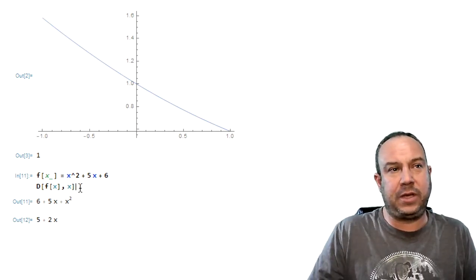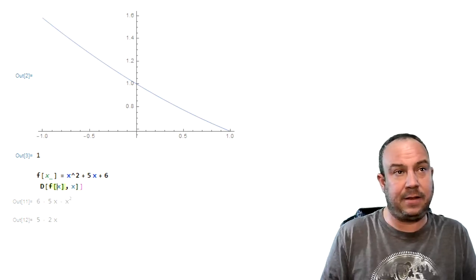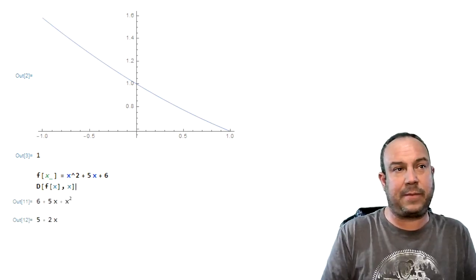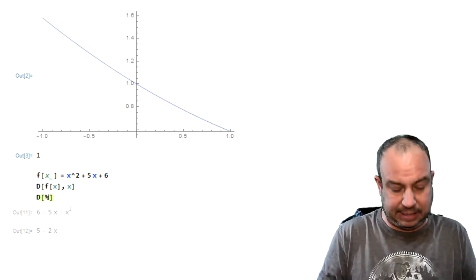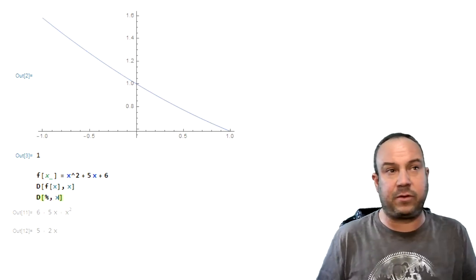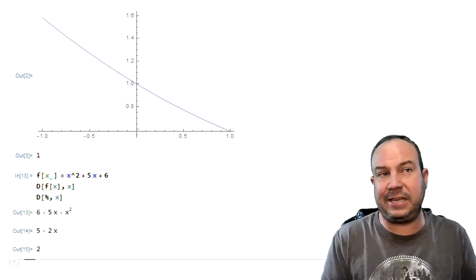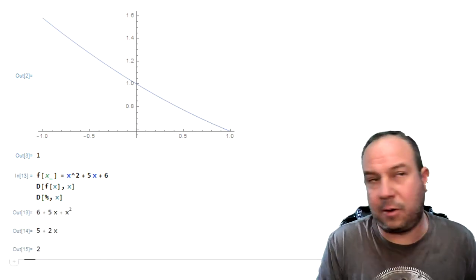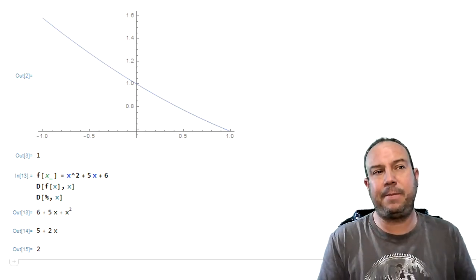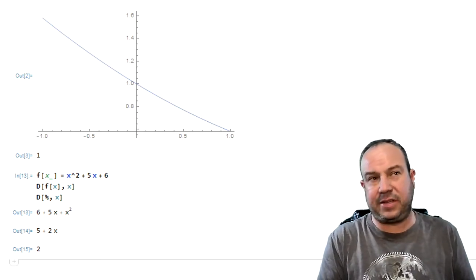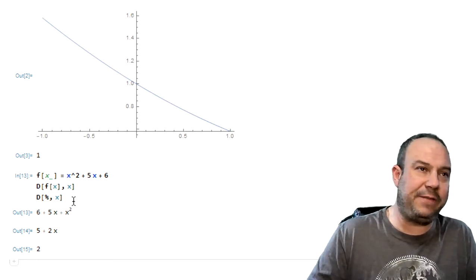And if we want to, we can do second derivatives by following that with just another derivative with respect to x that does a recall using the percent symbol. Right? That's another way to work with derivatives, is using the D function.